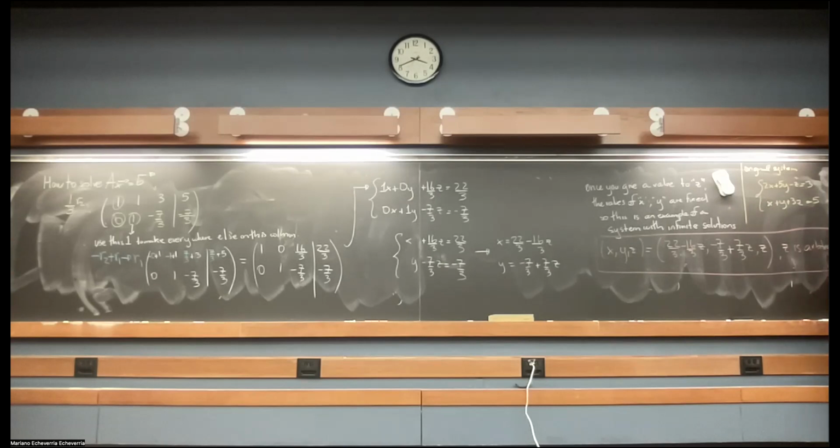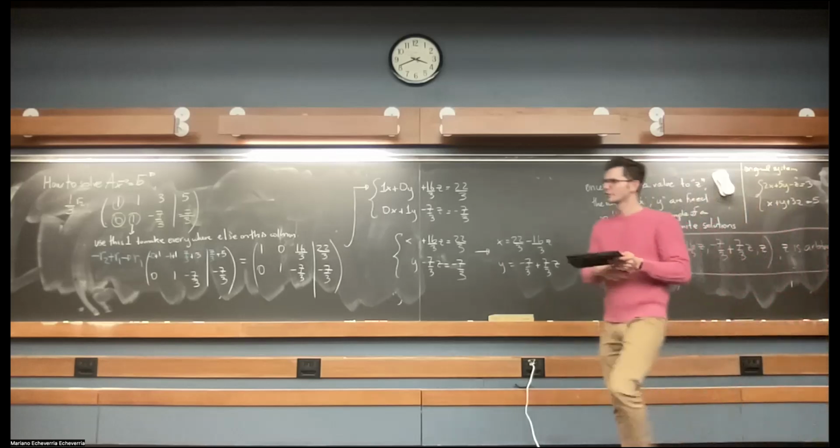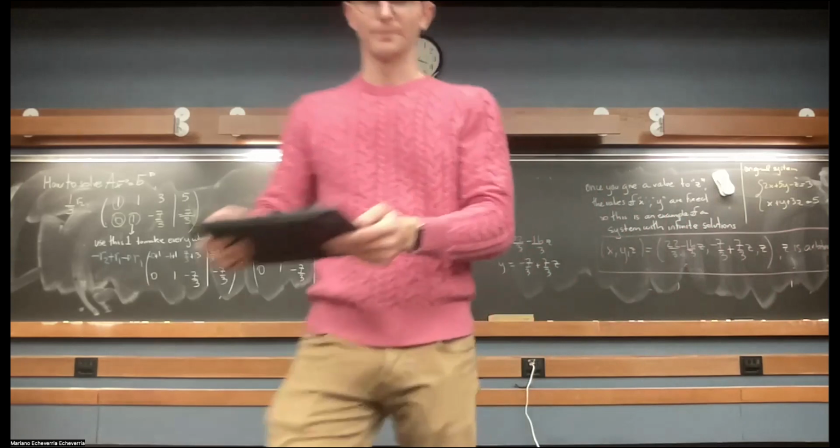That's why you try to get as close as possible to the identity matrix: it has so many zeros that many of the variables just go away, and it's easier to solve for the variables. Is that making sense? Let me show you geometrically before doing another example for today.